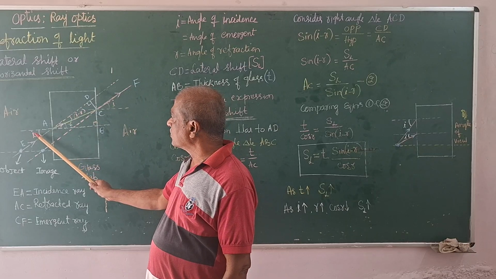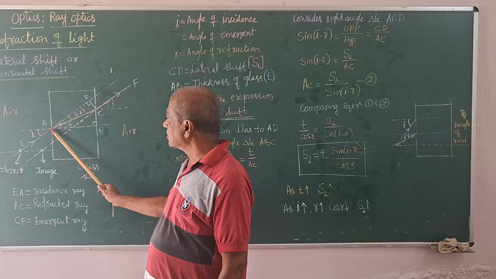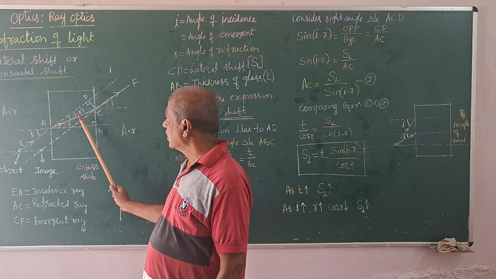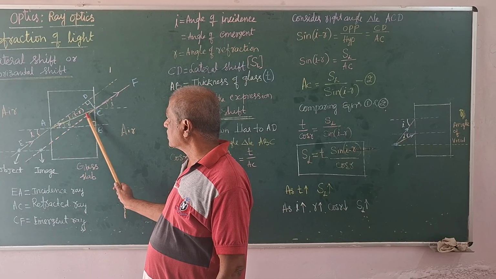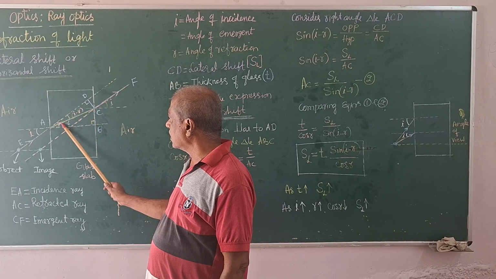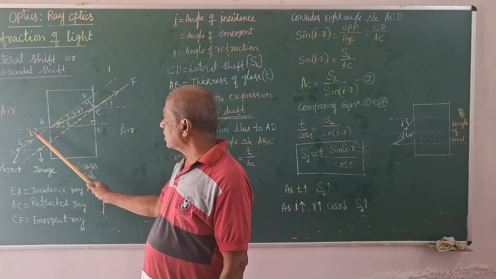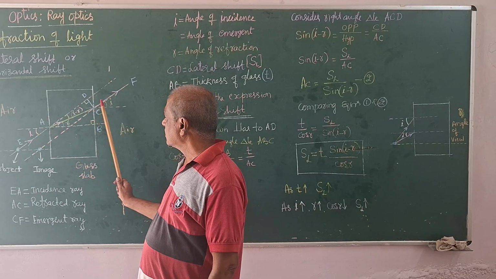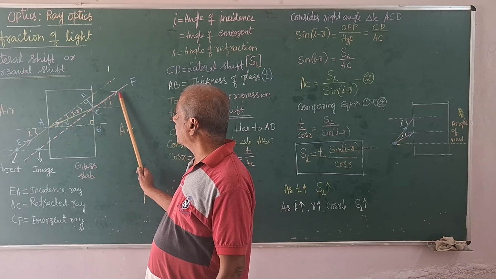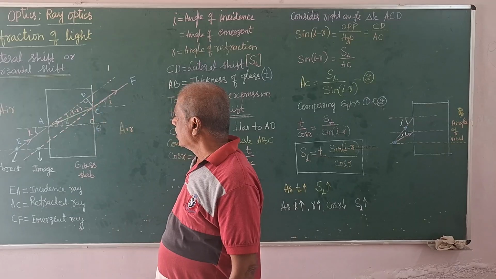This is the angle of incidence, this is the angle of refraction. For this refraction, angle of incidence, angle of refraction, and for this refraction, angle of incidence, angle of refraction. This angle remains the same. This angle is called the angle of incidence. This angle is called the angle of emergence.